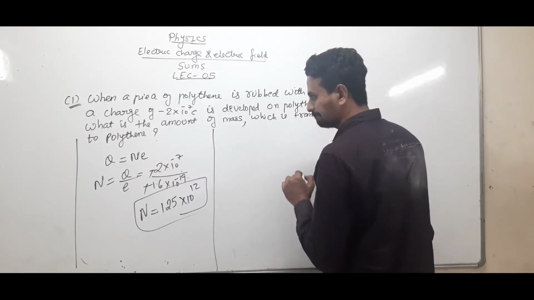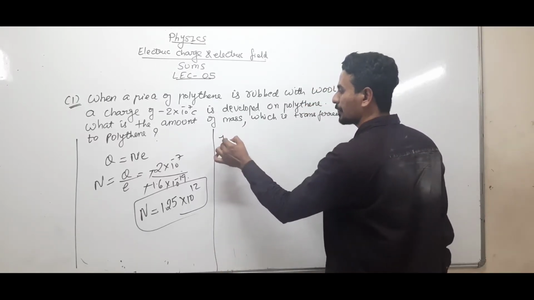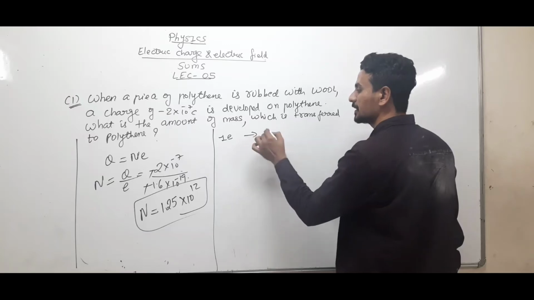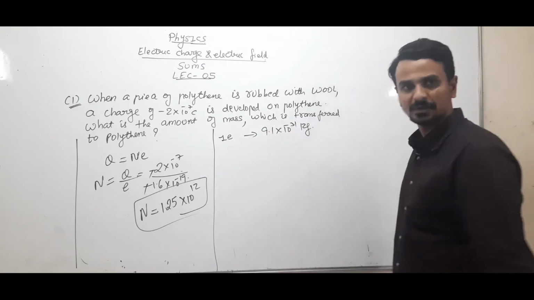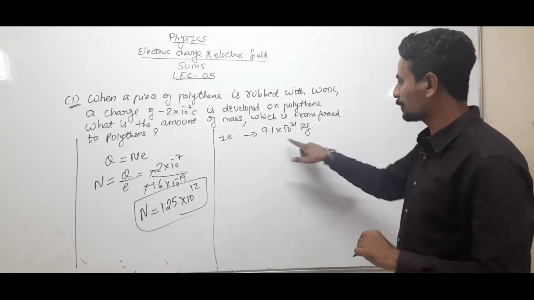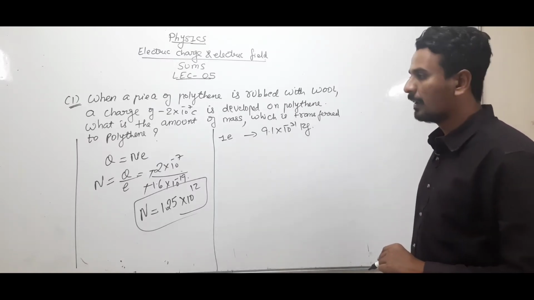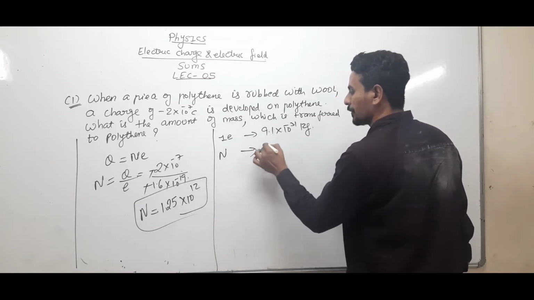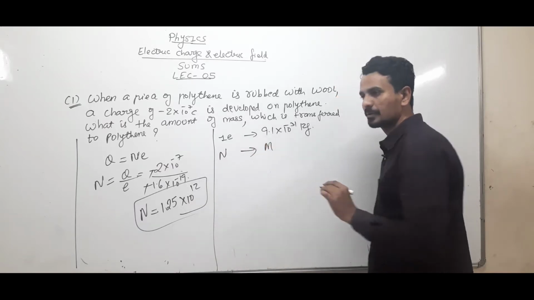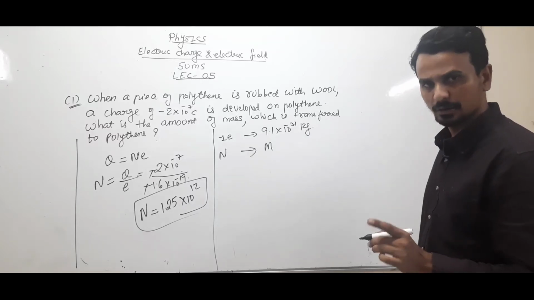Now, if one electron gets transferred, this is the amount of mass which will be transferred, because the mass of one electron is 9.1 into 10 raised to -31. So total n number of electrons have been transferred. So what will be the mass which is being transferred? Clear? Got it?